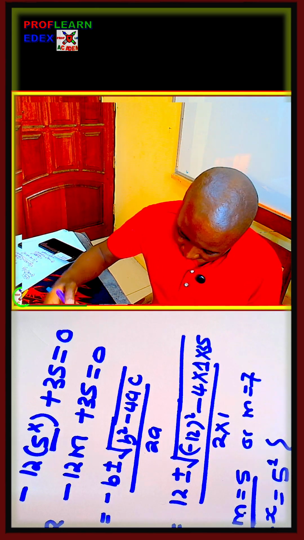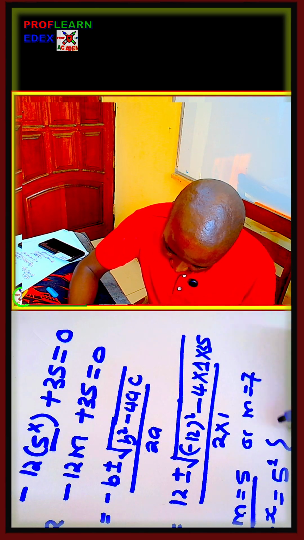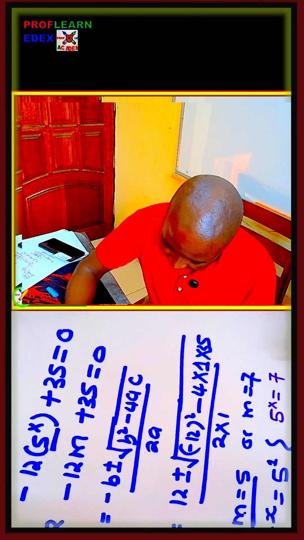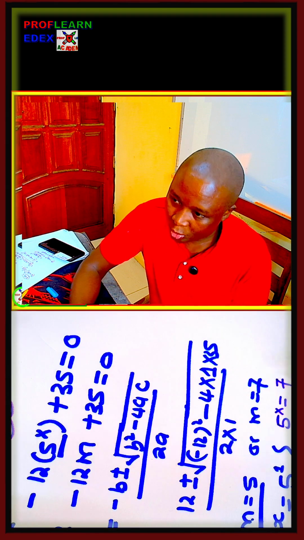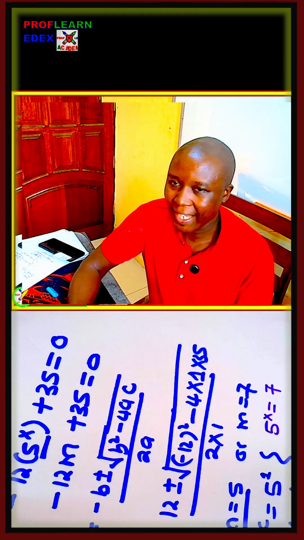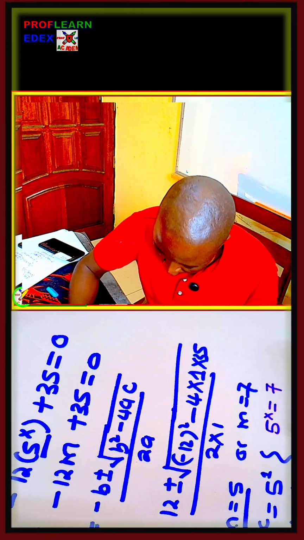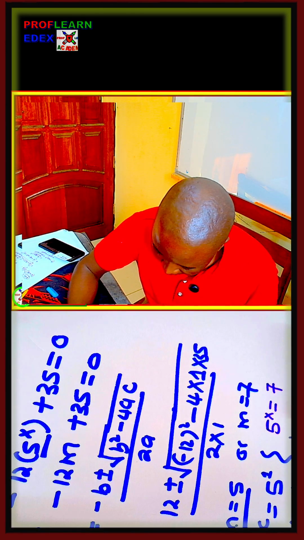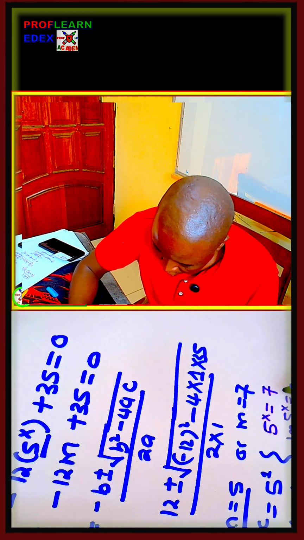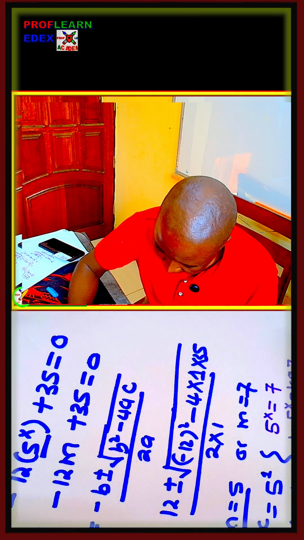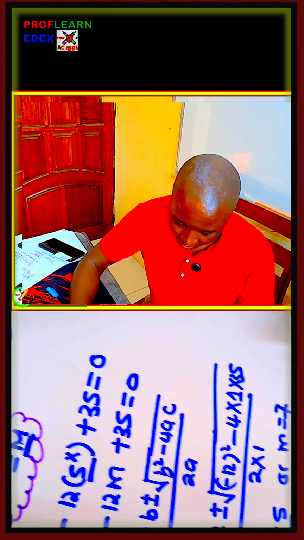Now the second part, we are going to say 5 raised to power x equals 7. This one you cannot work out just that way, other than using logarithm. Introduce log both sides: x equals log 7 divided by log 5.